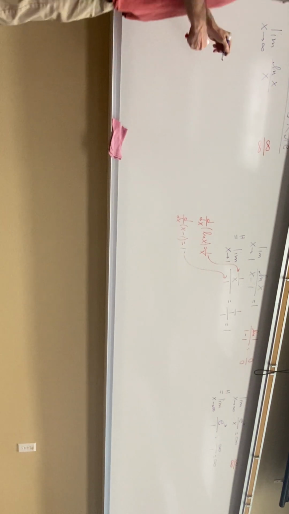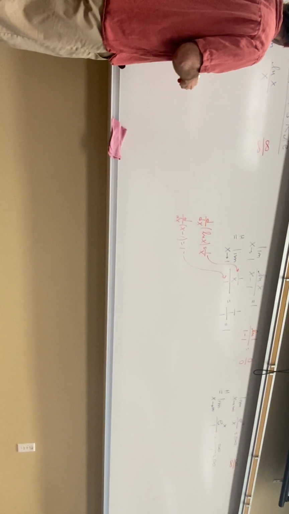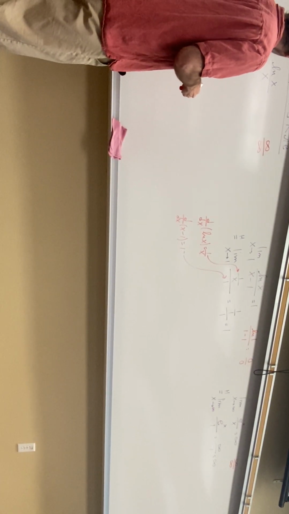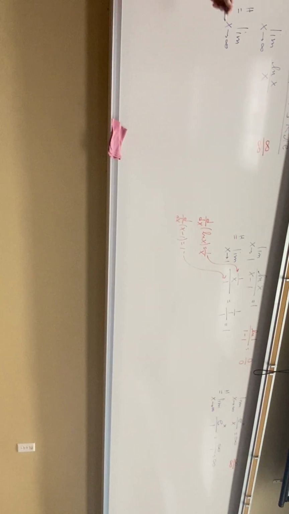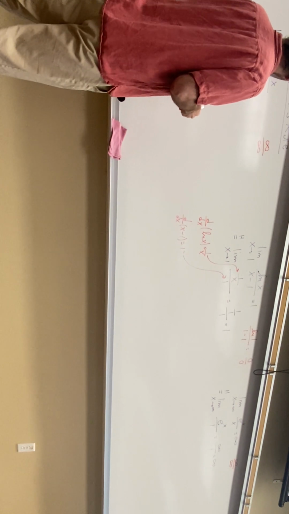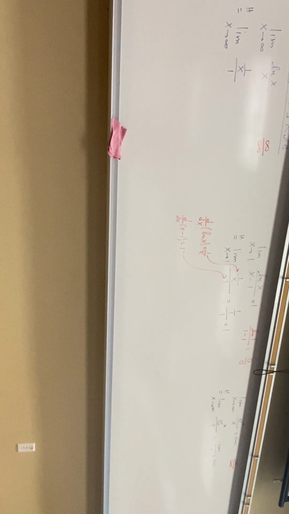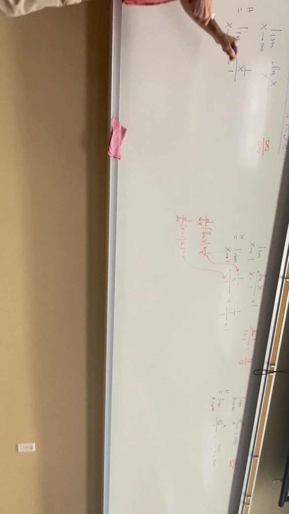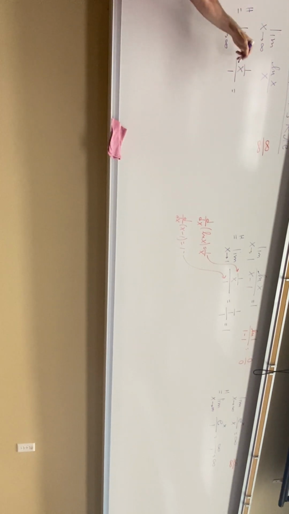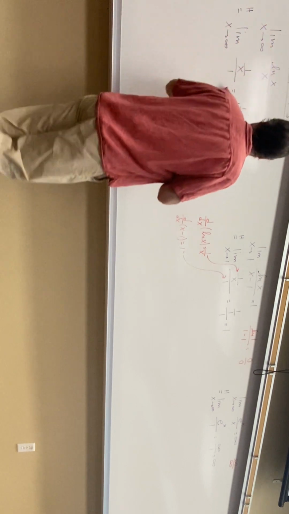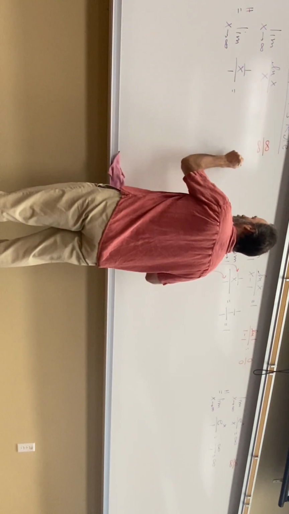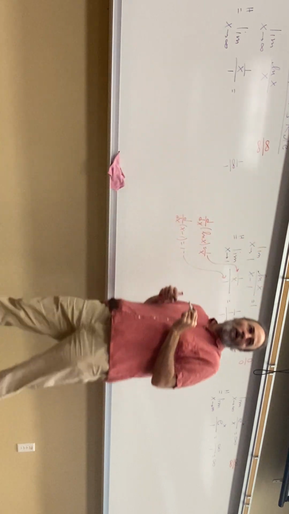And so when we apply L'Hopital's rule, we get 1 over x. Natural log of x becomes 1 over x, and x becomes 1. Now we plug in infinity. We get 1 over infinity over 1, but what is 1 over infinity?